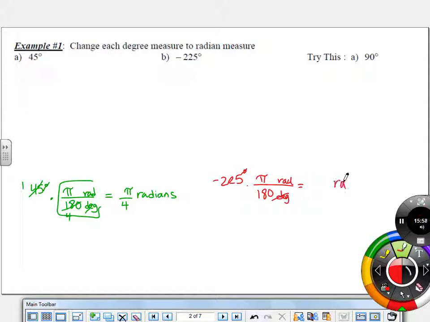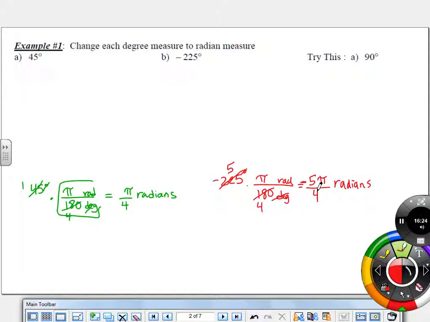They leave me with units of radians. I have pi. My answer will be negative because this is a negative times a positive. It's going to come out to be negative still. And then I have to reduce the 225 and the 180. So 45 goes in here 5 times and 45 goes in here 4 times. So negative 5 pi over 4.